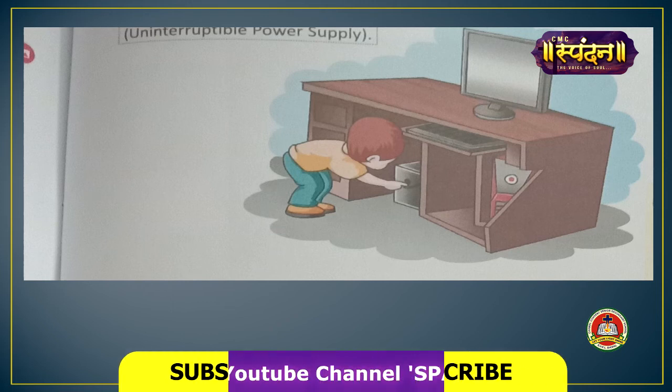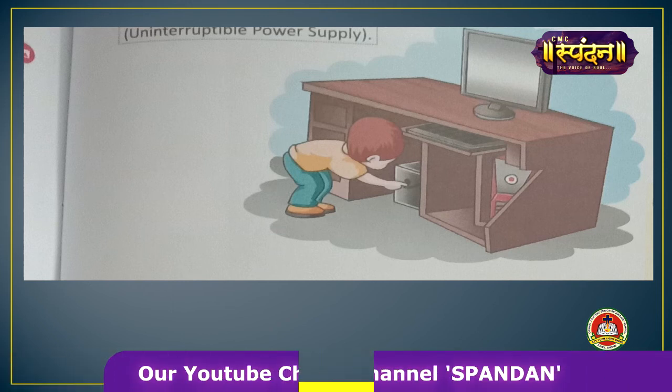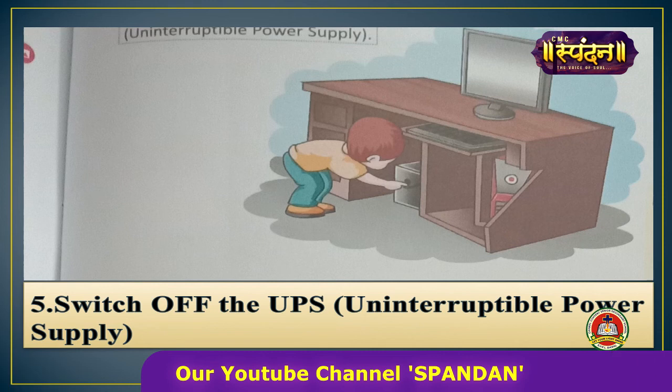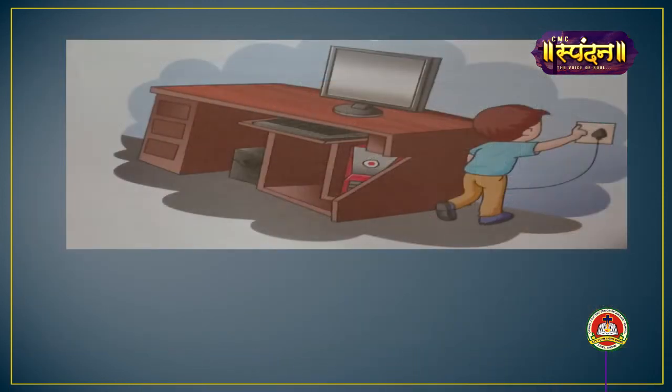You have to click on that button and UPS will be off. Now last step which you have to follow is that you have to press the button of main power supply. When you press the main power supply button, the connectivity of electricity will go off and your computer will finally shut down. So these are the steps which we have to follow when we shut down a computer.